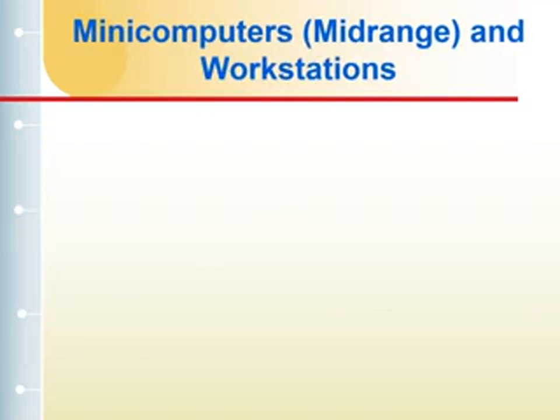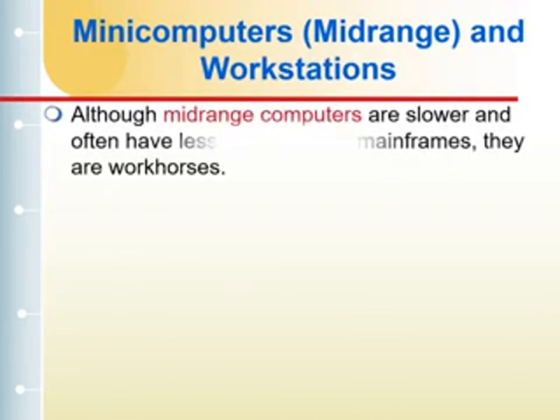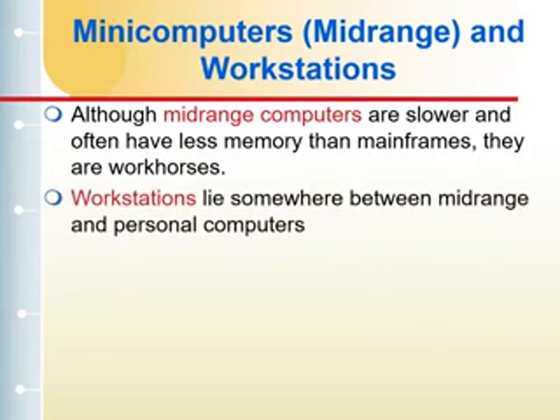Mini computers, also known as mid-range computers or workstations, are a bit slower and often have less memory than mainframes. However, they are workhorses as well. They lie somewhere between mainframes and personal computers.